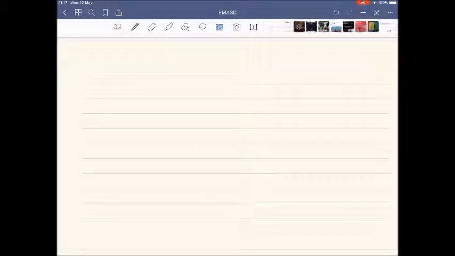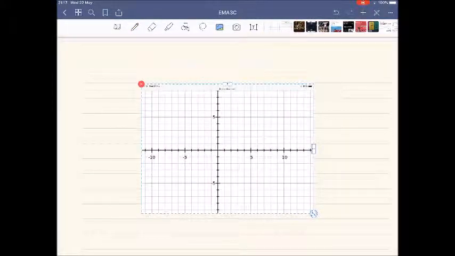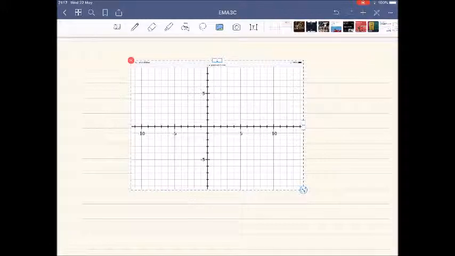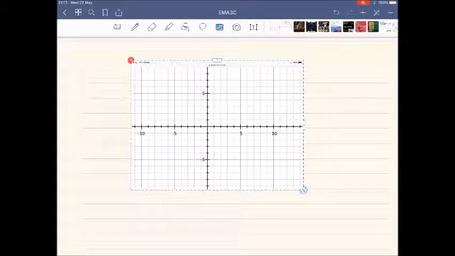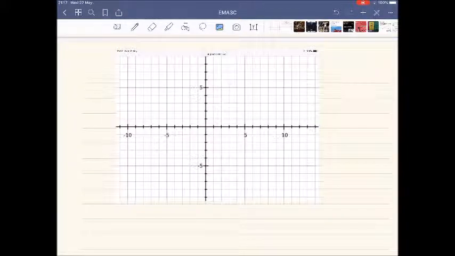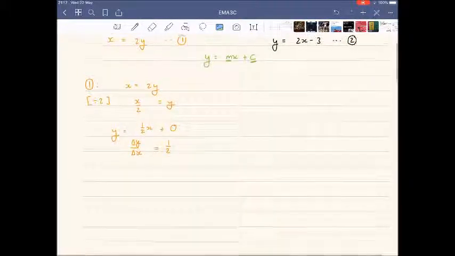I have taken a screenshot of Graph Sketch, and I'm going to plot this on here. First I'm going to make it bigger. Before I can plot, we actually need a second point to plot from, right? To plot a straight line, you need 2 points. So we've got the first point. Now let's get the second point.